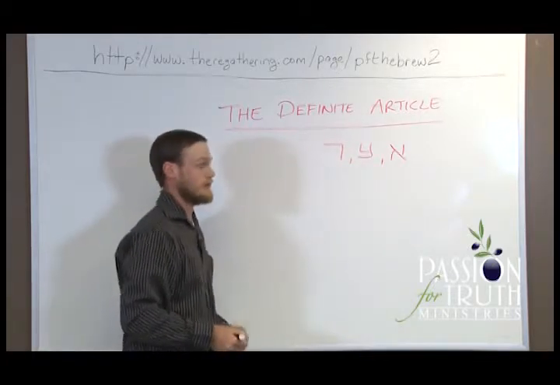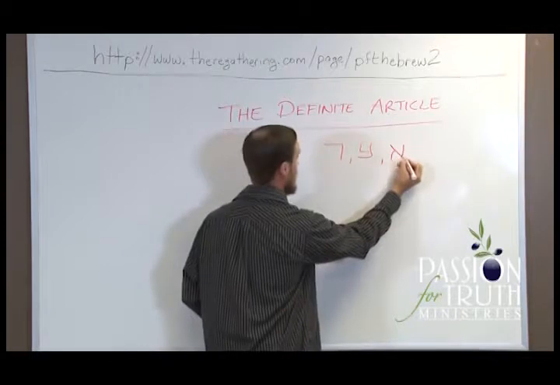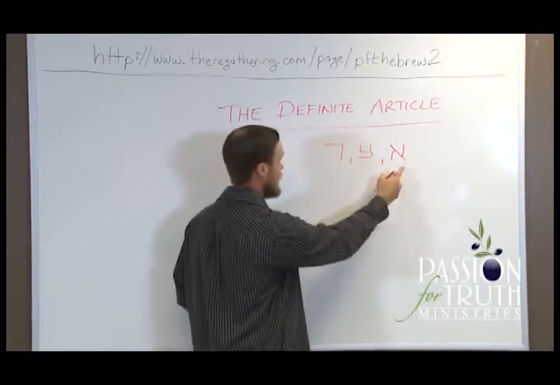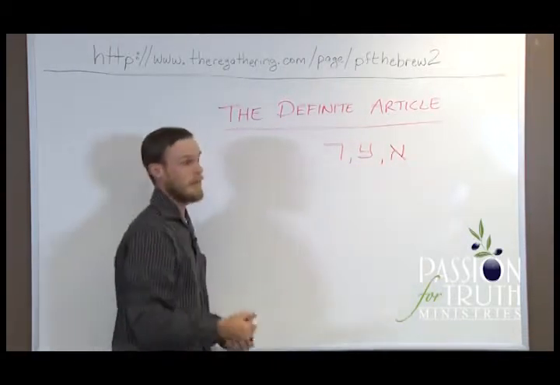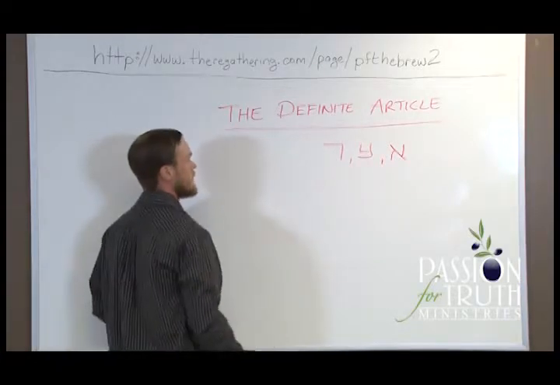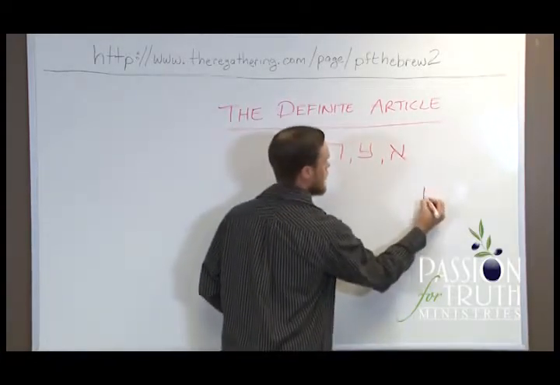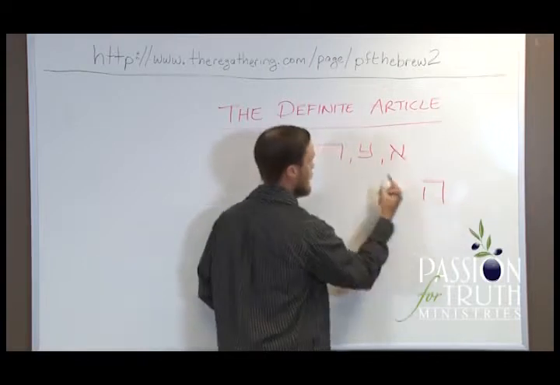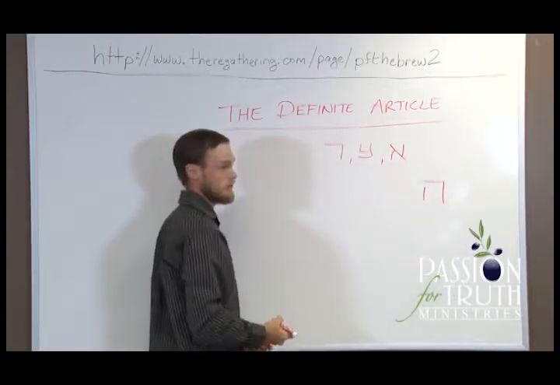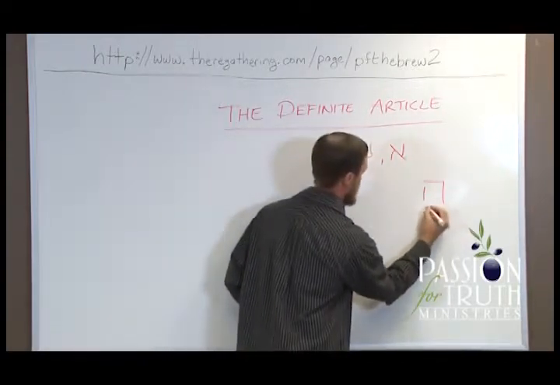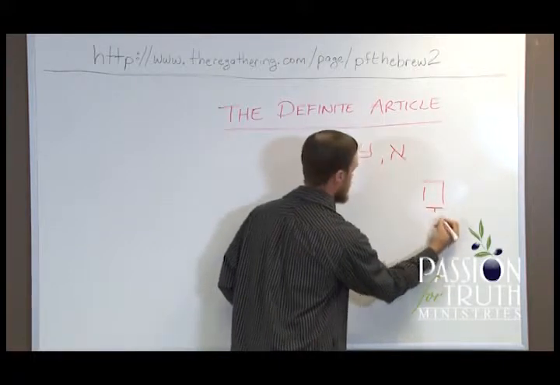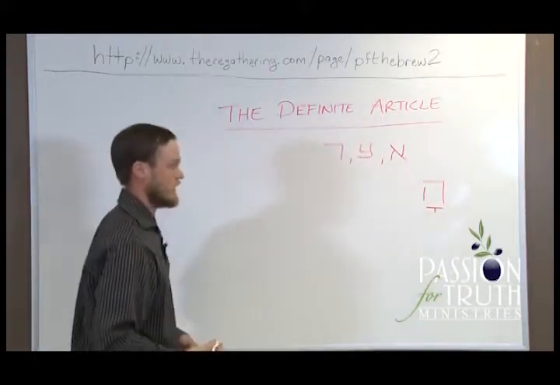If the definite article immediately precedes an aleph, an ayin, or a resh, then the letter does not take a dagesh, and the vowel under the hey, instead of being a patach, is a kametz. Okay?